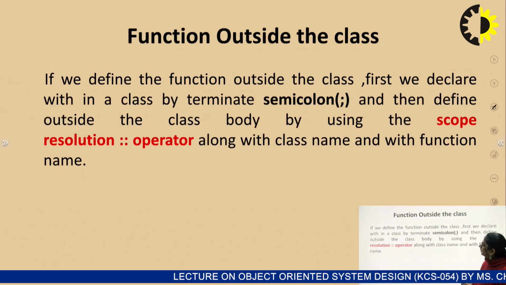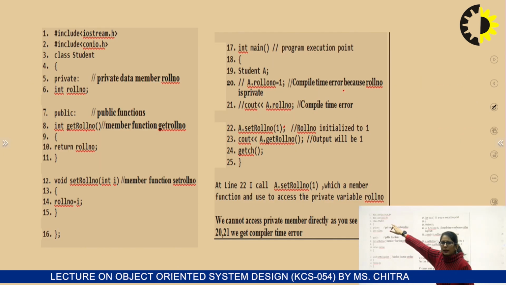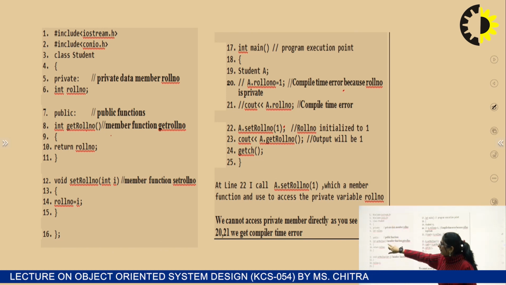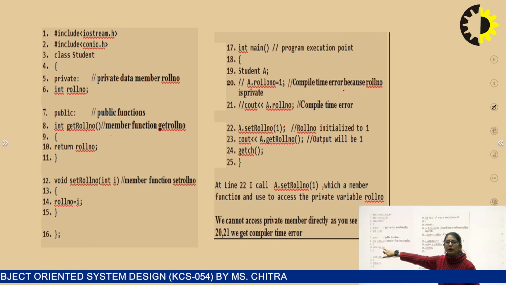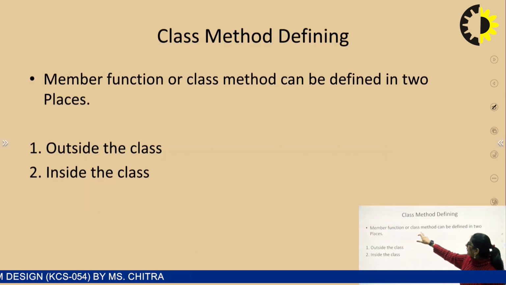Now see here, function outside the class. What we do here is define a class. Inside the class, here I'm declaring the member function as well as defining it. So here I'm declaring, and the definition is done in the same place, inside the class. This is the one, defining inside the class.